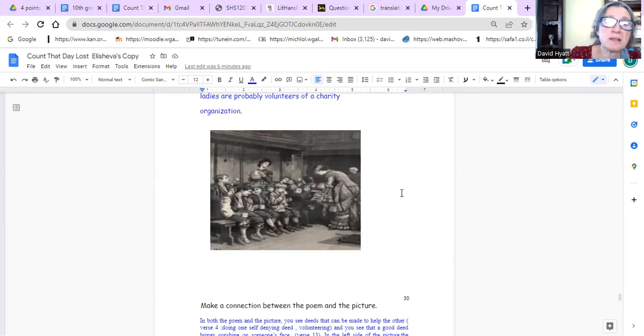So these are probably kids who are usually starving, and those two women are volunteering to give food and drink to these children. You see that they're not in a school because you don't have tables to work on.